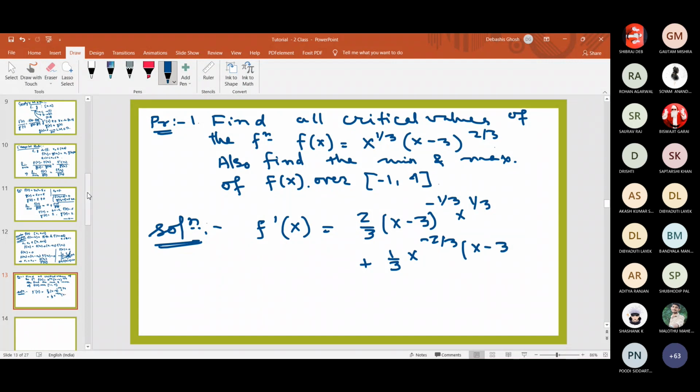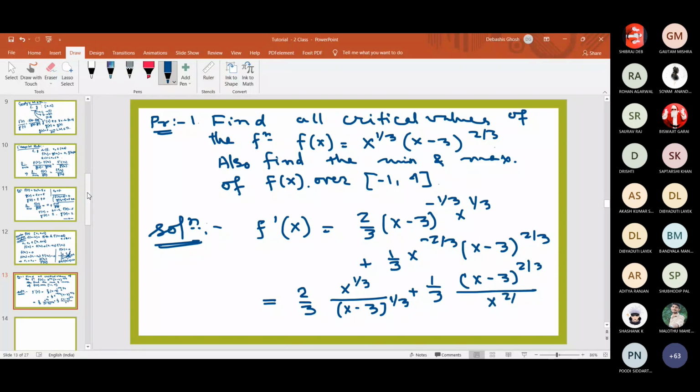It is better to write it in this form: 2 by 3 x to the power 1 by 3 divided by (x minus 3) to the power 1 by 3, plus 1 by 3 (x minus 3) to the power 2 by 3 divided by x to the power 2 by 3.